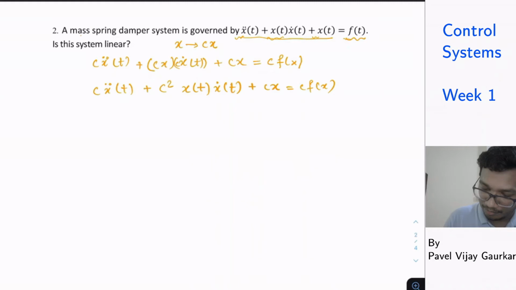So with this similar argument discussed here, if we are having a into u of t as the input, we will get a into y of t as the output. Our output ideally should have been this when we give the input of c into x. However, it is not that. So the linearity of this system cannot be said.